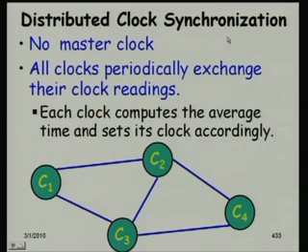This is the simplest scheme that can happen. There are many clocks in the distributed system, they just keep on broadcasting their own time periodically and frequently, and after a clock receives all the time values, it computes the average of all the clock values that are received.